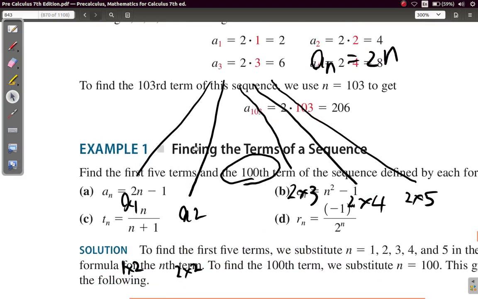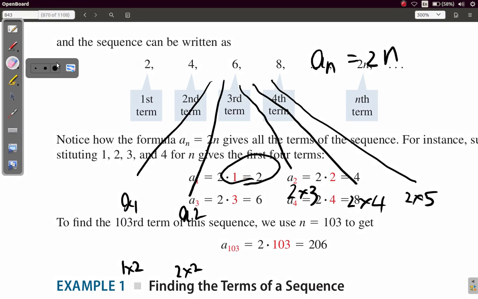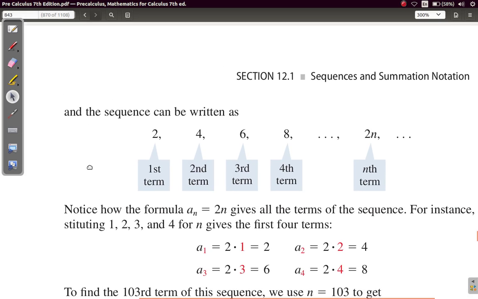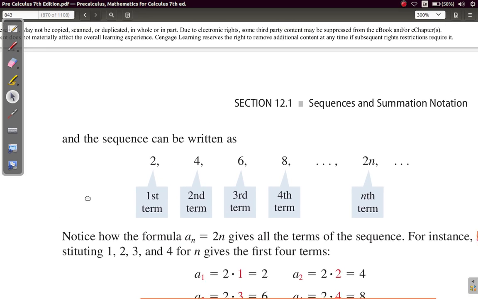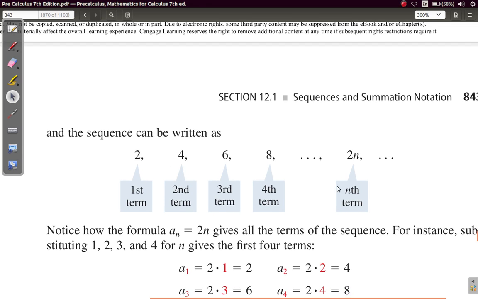Now, let's look at something else. Let me erase what I have here. Good. This sequence can be written as 2, 4, 6, 8. These are the first term, second term, third term, fourth term. And then the nth term is 2 times n.